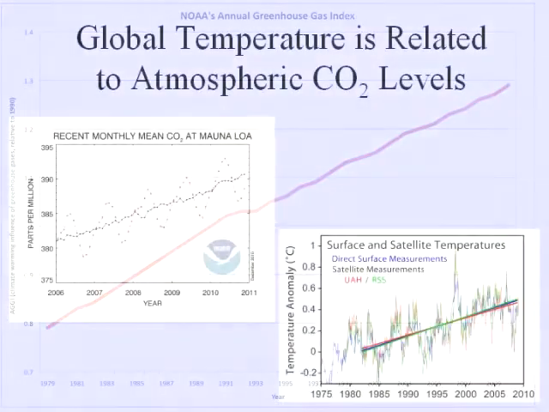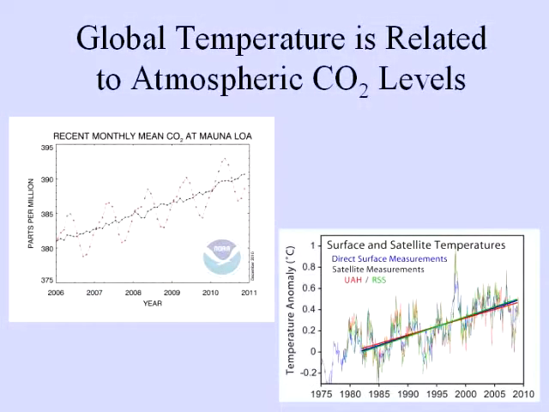Here's some additional NOAA graphs that illustrate the relationship between carbon dioxide concentrations in the atmosphere and temperature of the Earth. So, as we've discussed previously, the concentration of carbon dioxide does go up and down during the course of the year as a consequence of the Northern Hemisphere photosynthetic season, the summertime, when CO2 gets removed from the atmosphere by photosynthetic organisms.